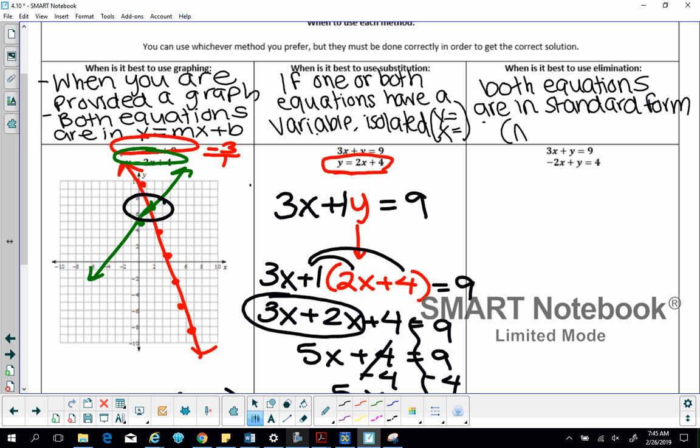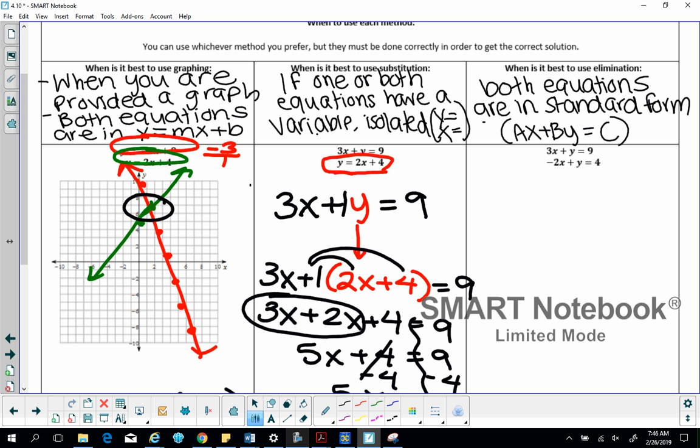That means that x and y, this is standard form, that just means that x and y are on the same side of the equation. So usually when we are doing this, they're not going to say use this method. Sometimes they will. So you'll need to know, okay, x and y are on the same side. It's probably easiest to use elimination.